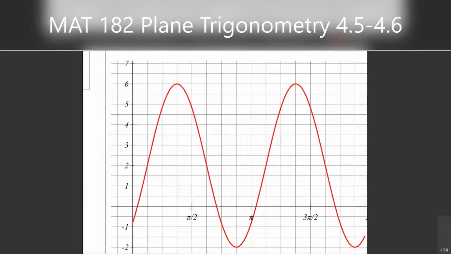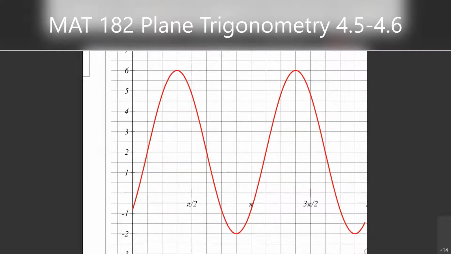If I started at 2 and went up to 6, that would be 4 units, or 2 down to -2 would also be 4 units. Yes, sir, I got it now. Cool. I tend to just count from the bottom to the top and see if there's an even split, and we're like, okay, that's the midline. Yep, that's exactly right. So just look at the maximum and minimum, take the average, right in the middle should be your midline.